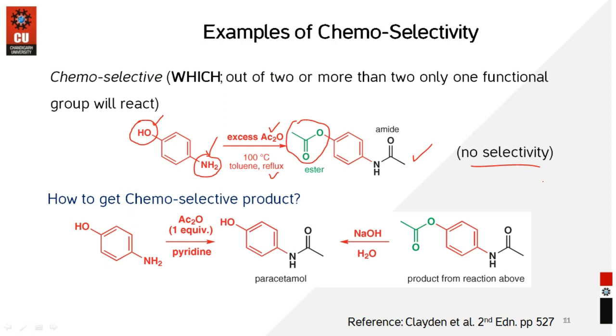So then what is the purpose of selectivity? The purpose of selectivity is that the reaction goes only at one position and the other position remains unaffected.